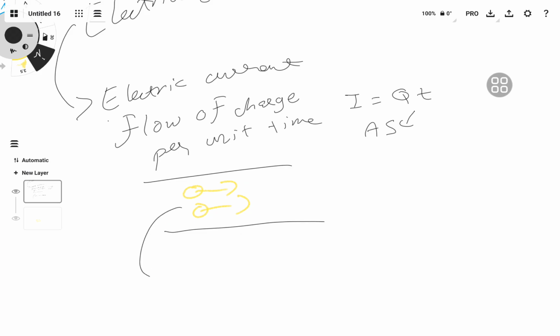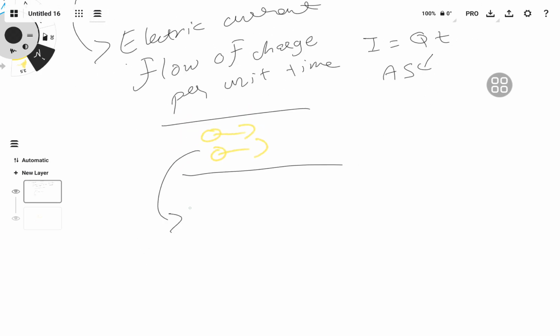Now next let's talk about their quantity, like how much quantity of charge per unit volume, which is basically the density of the charges. Like we have already studied in Newtonian mechanics, that density is mass per unit volume.